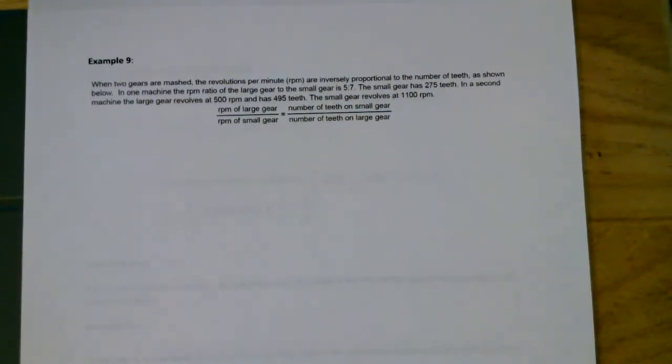All right, here's another example of proportions here. When 2 gears are meshed, the revolutions per minute, or RPM, are inversely proportional to the number of teeth, as shown below. In one machine, the RPM of the large gear to the small gear is 5 to 7.